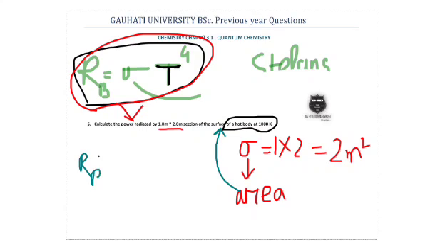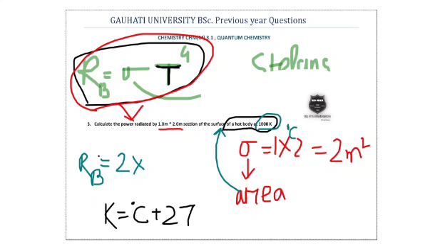RB is equal to 2 into the temperature, 1000 Kelvin. Had it been in degree Celsius, we would have converted it into Kelvin. The relation between Kelvin and Celsius is K is equal to C, degree Celsius, plus 273. Anyway, we don't need this in this question.